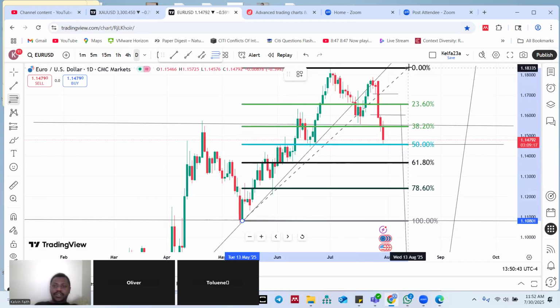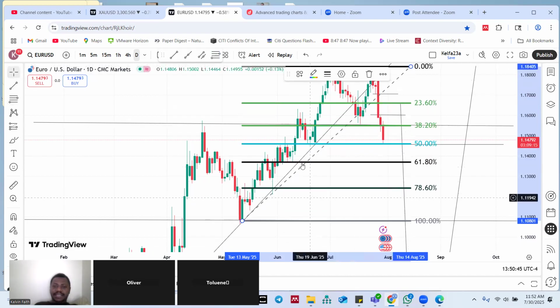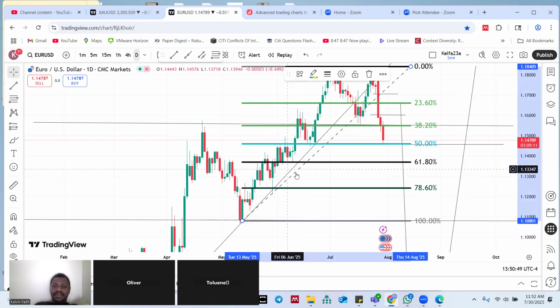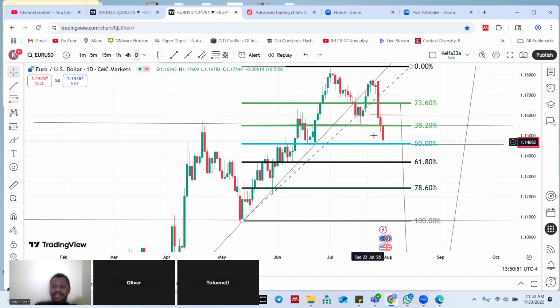So if we use this as our short-term range, we can see that price has broken 23% and has broken 38% also, and right now is trading into equilibrium, 50%.